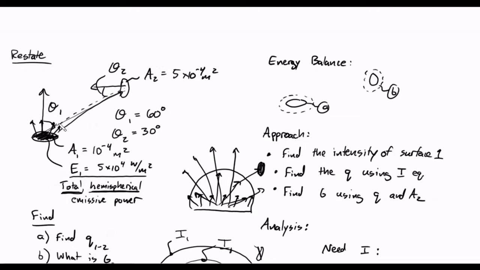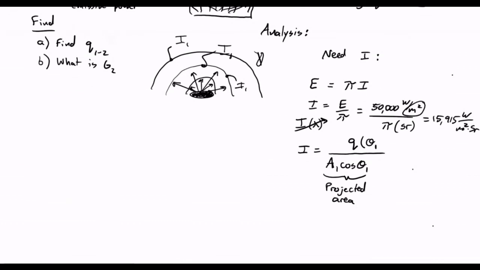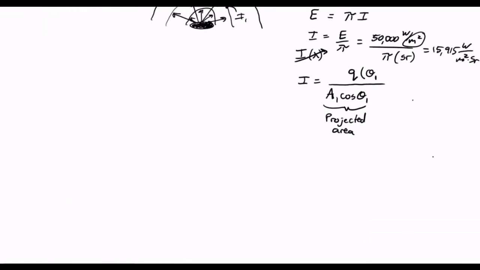So you see, we need to have this kind of cone represented, which would be the solid angle. So that solid angle tells us how much of the hemisphere around that direction, theta 1, are we trying to consider here? So this is another part of our intensity definition.